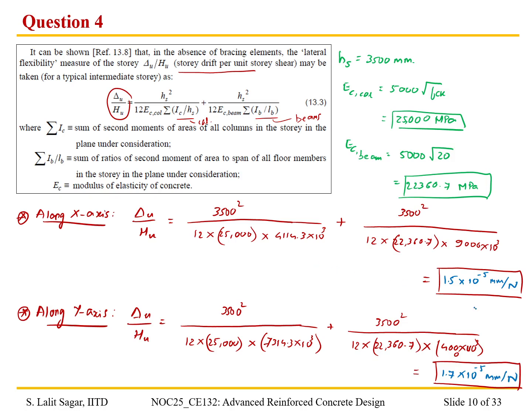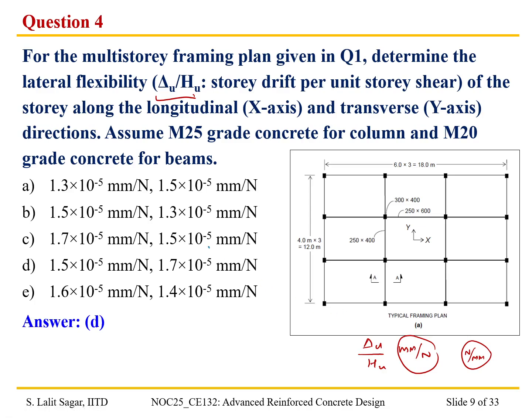So along x it is 1.5 into 10 to the power minus 5, and along the y-axis it is 1.7 into 10 to the power minus 5. So 1.5 and 1.7, option D is the correct response. Let us proceed to the next question now.